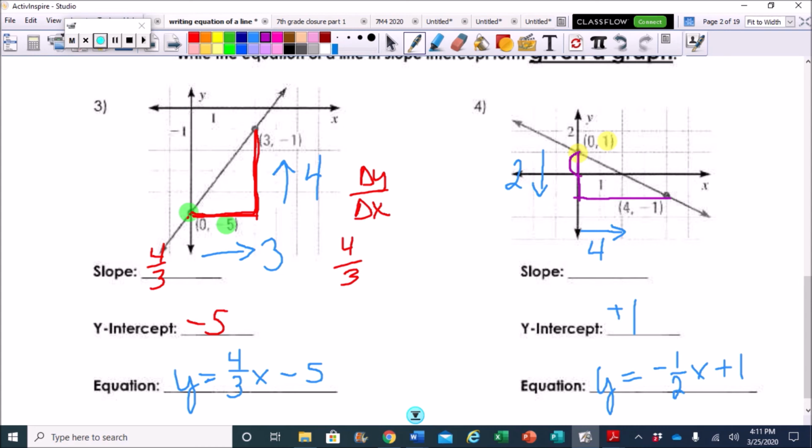So I go down 2, to the right 1, 2, 3, 4, to the right 4. So delta y over delta x is -2/4. So it's -1/2. So then my equation is y equals -1/2 x plus 1.